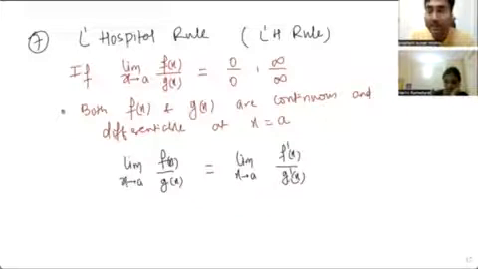Now the question arises, how many times do you have to differentiate? Only 1 time, 2 times, 3 times? It depends. Let us suppose you differentiated 1 time and then put the value, and again you are getting 0 by 0 or infinity by infinity form. So again you will differentiate. You have to keep on going until you get a non-zero denominator, until you get a finite answer.